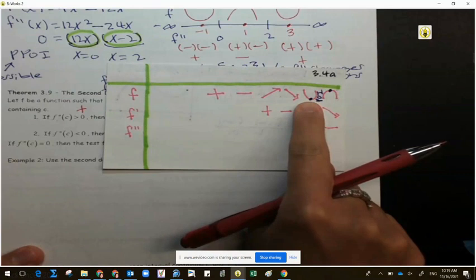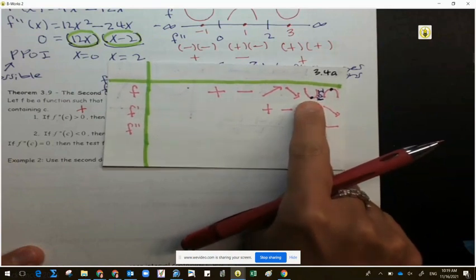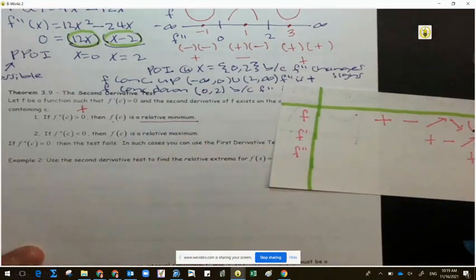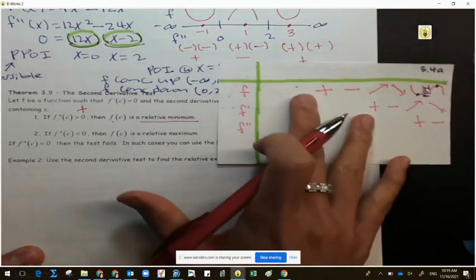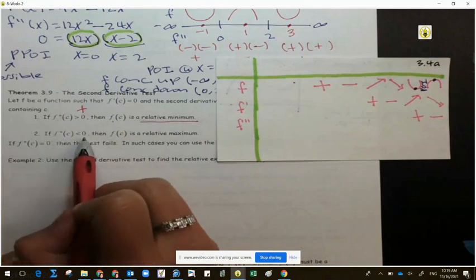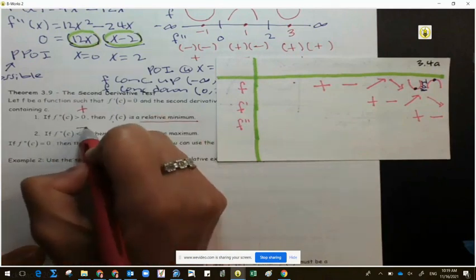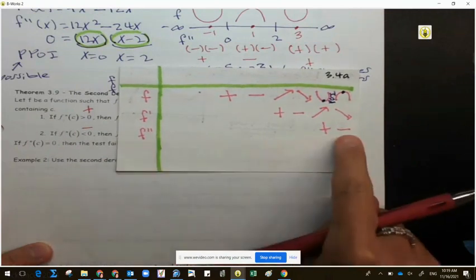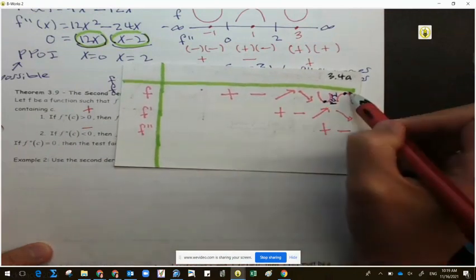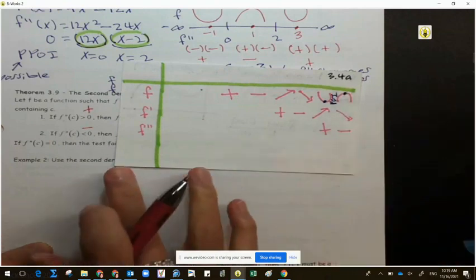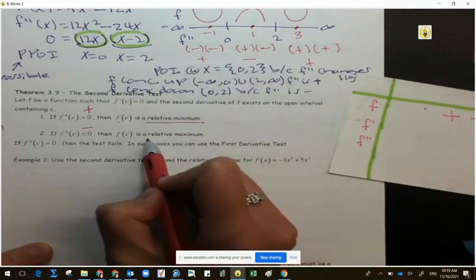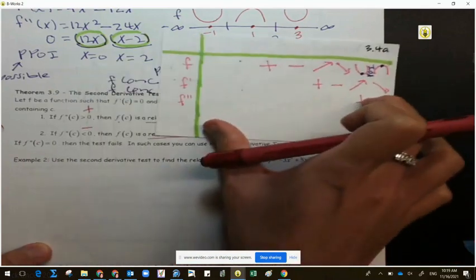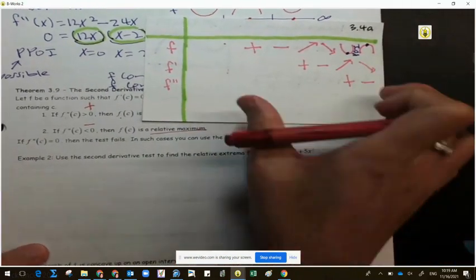At the very bottom means there's a minimum. Boom. The next statement says, if f double prime is less than 0, that means it is negative. So when I go to this, when f double prime is negative, then the original graph has a relative maximum. And that is stated. That's why this card is really nice. So I'm going to continue to use this on the next problem.